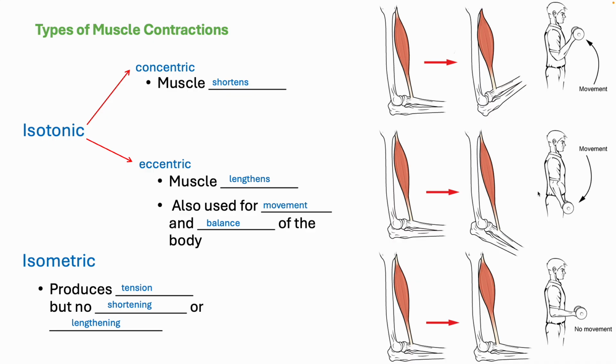Isometric, as I mentioned, produces tension but has no shortening or lengthening of the muscle. So you can see over here on the right, the muscle is contracting, but ultimately there's no movement produced because you don't have an overall shortening of the muscle, even though you do have contraction.